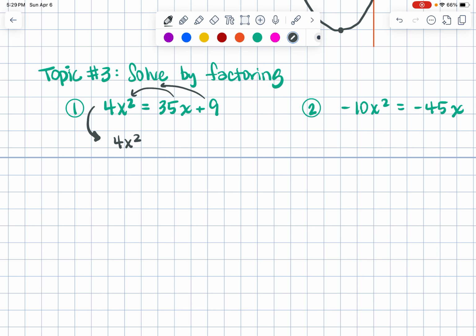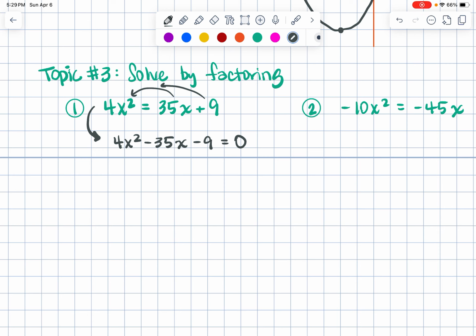And the only way to move terms to the other side is by adding or subtracting and doing the opposite. So the positive 35x is going to become a negative 35x, and the positive 9 would have to be subtracted over, and I'm going to get negative 9.